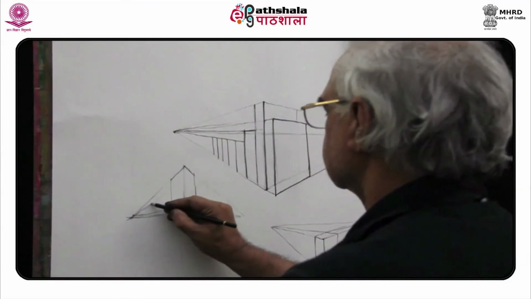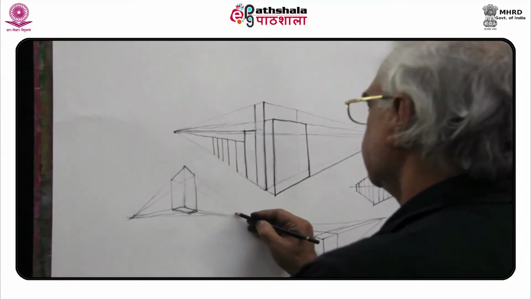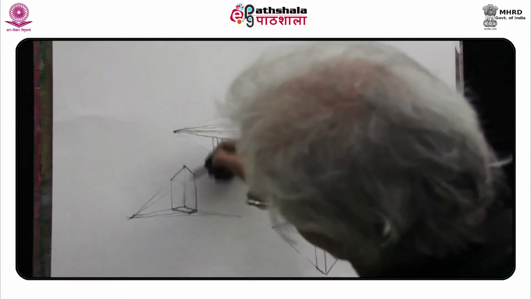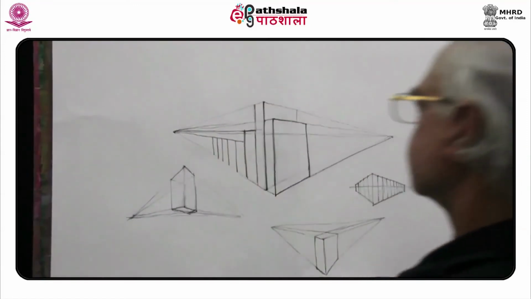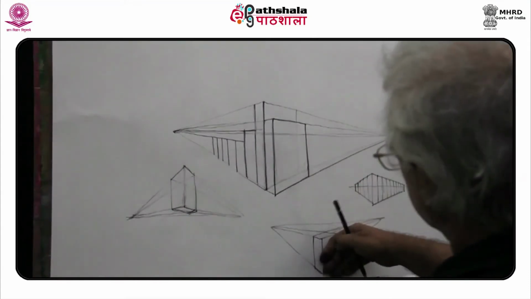Similarly, in above eye level perspective, one can see the lower dimension, as if the object is hanging and the viewer is looking at it from a lower angle.